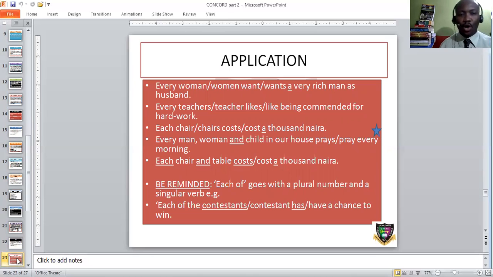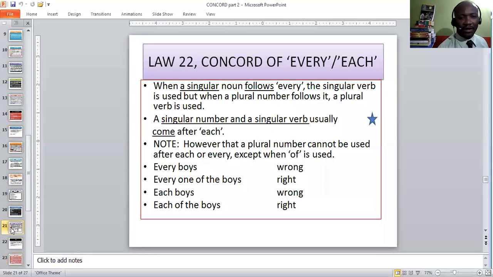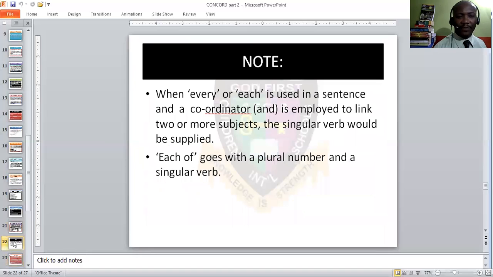Every man, woman, and child in our house prays every morning. Every man, woman, and child. When each of goes with a plural, or when every or each is used in a sentence and a coordinator and is used to link two or more, the singular verb should be supplied.